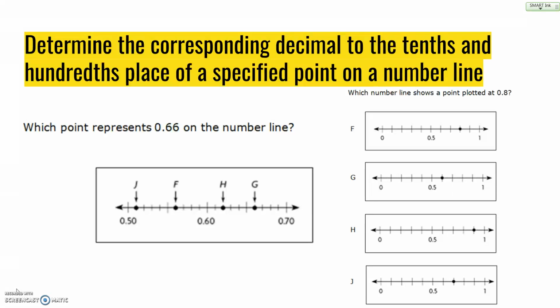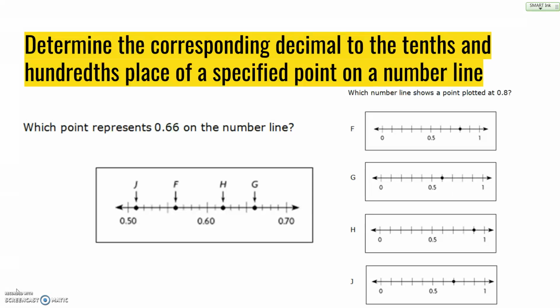They're also going to determine the corresponding decimal to the tenths and hundredths place of a specified point on a number line. So they have the number lines, and for instance, on the first question, they're asked which point represents 66 hundredths on the number line.